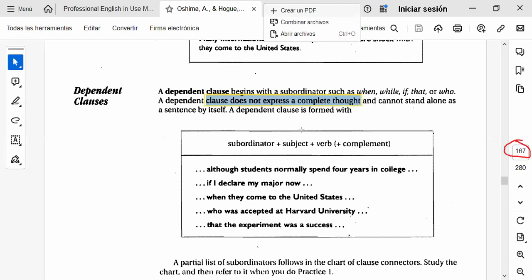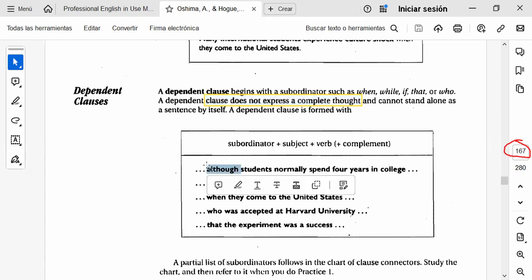So a dependent clause doesn't express a complete thought and can't stand alone as a sentence by itself. A dependent clause is formed with a subordinator plus subject plus verb plus complement.